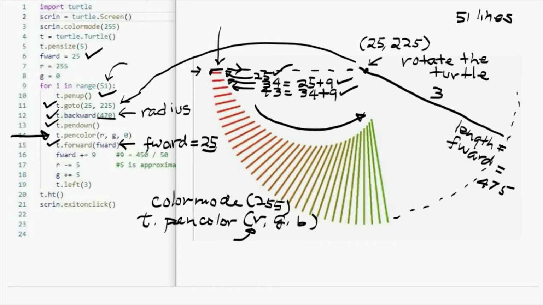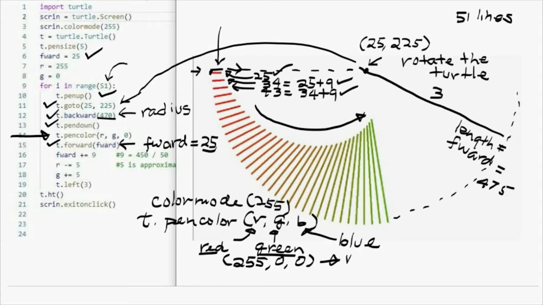R means red, G means green, and then B means blue. In our drawing, we're using only the red and the green. In computer language, if it is 255 for R and 0 for green and 0 for blue, that means your color is red.